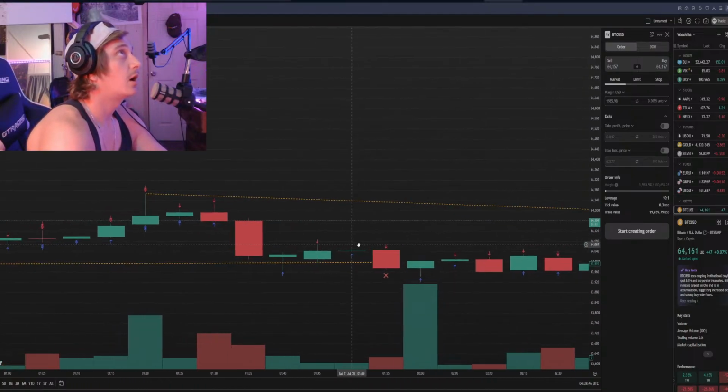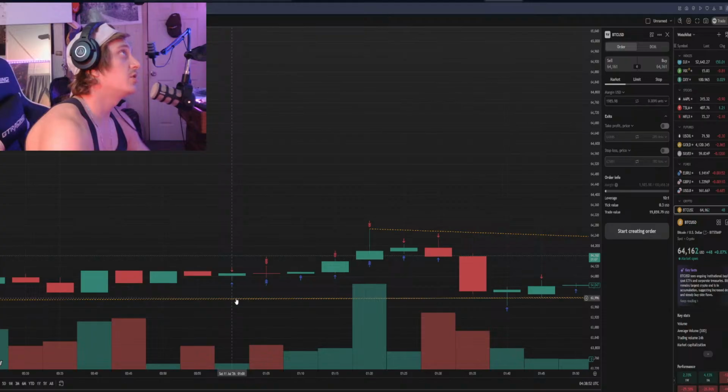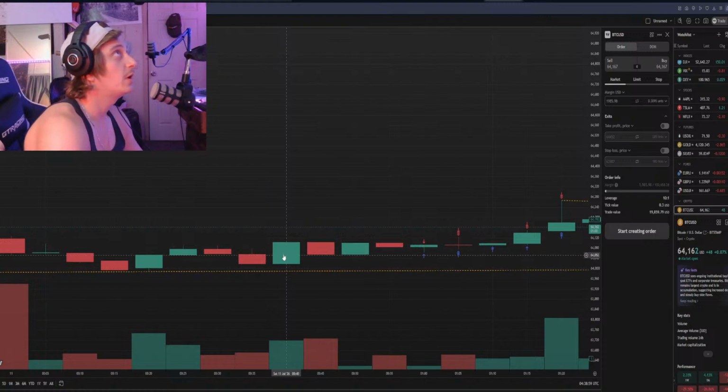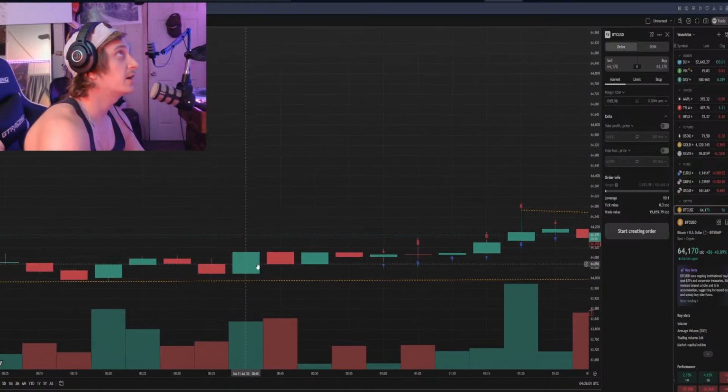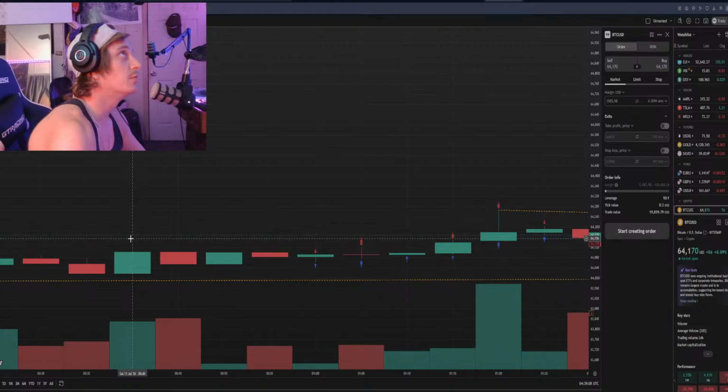Okay, all right, so look, see these 4 little green blips? Check this out. You have buyers taking control right here. You have a little bit of resistance right here, guys, this little red candle that was fighting our green, because the green is our stock. It was shooting up to the moon, right?